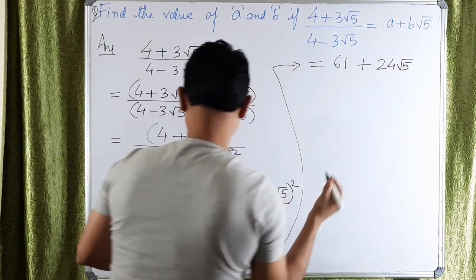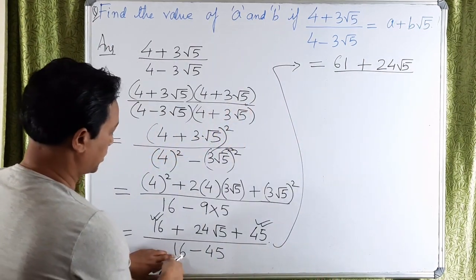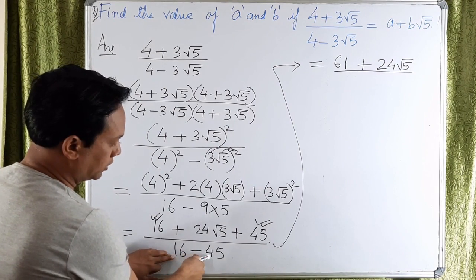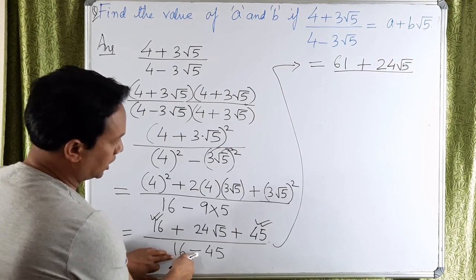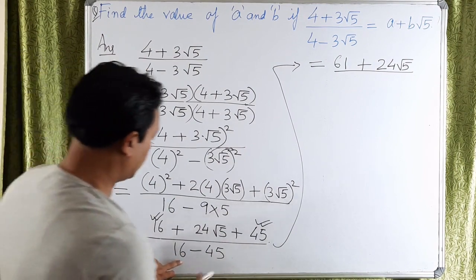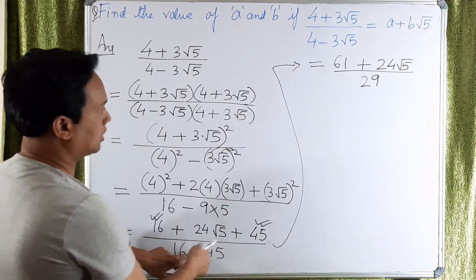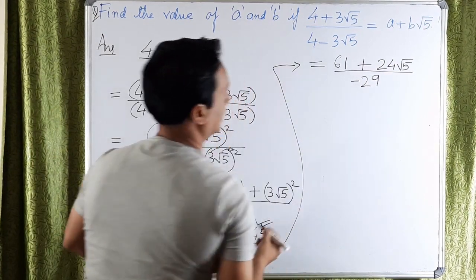And below, now we have to subtract, but you can see the number with minus sign is greater. So 45 minus 16 will be 29, but since the minus number is greater, so we'll put the minus sign.